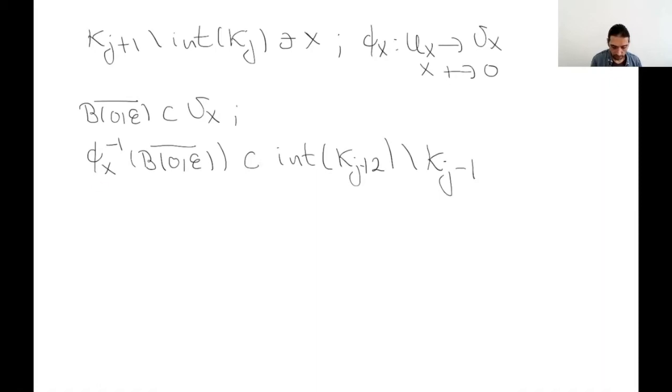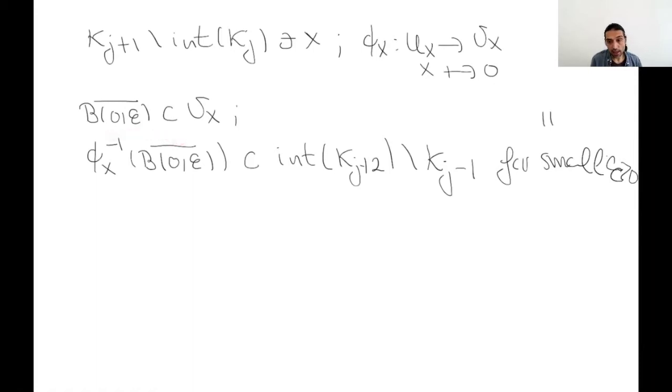Since these sets give a base of neighborhoods of the point x, for some small positive epsilon this happens, and the same thing happens with the first condition.